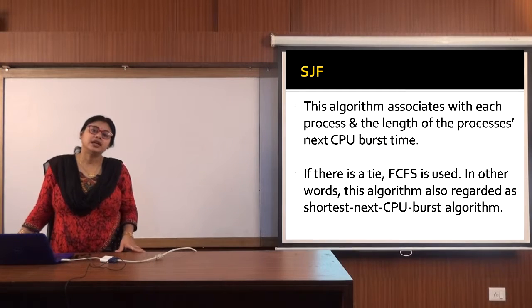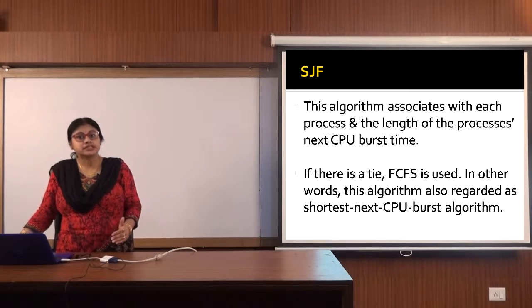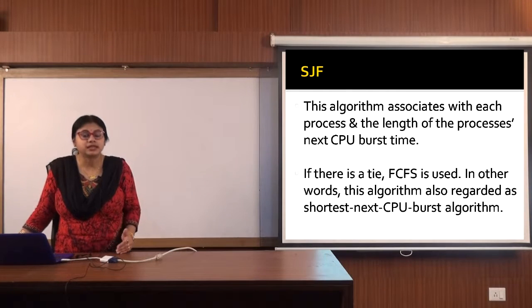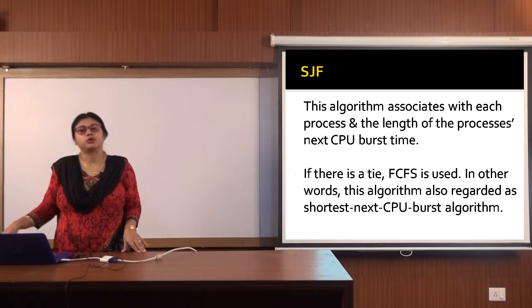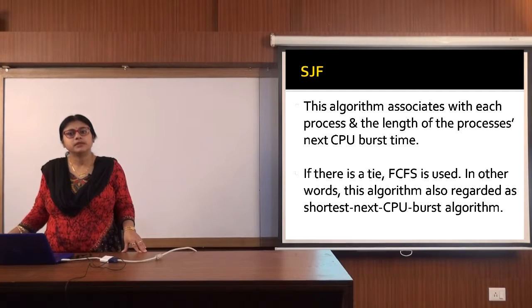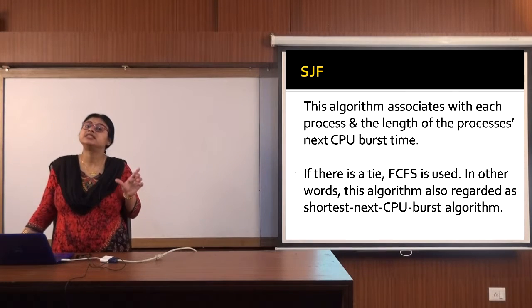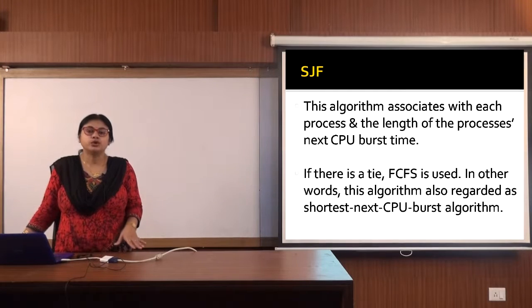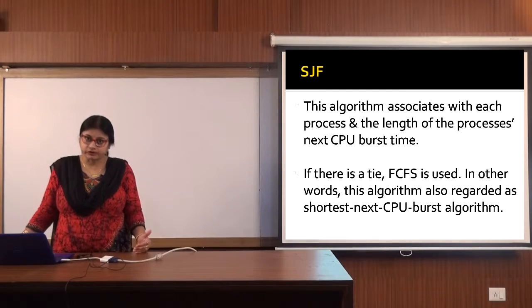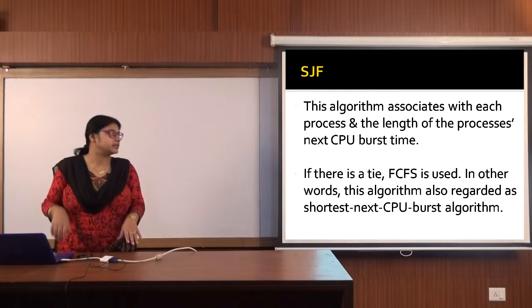That means here we are not considering whether the process comes first or next in the queue, but we are considering the burst time of the process. Now what is burst time? The time a process spends inside the CPU doing computation. So instead of their order of arrival, here we are considering their burst length.